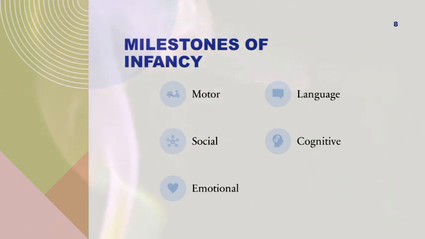Then there's cognitive development. And cognitive development during infancy is characterized by rapid advances in perceptual memory and problem-solving abilities. And here, infants engage in active exploration of the environment. We've already talked about that.